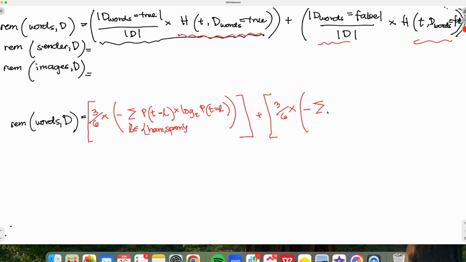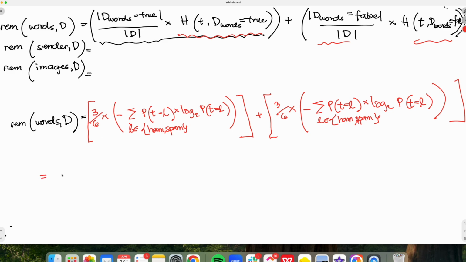So this is summation of probability that T equals to L times log base 2 probability that T is equal to L, such that L is an element again of the target feature, which may consist ham or spam. Now we're ready to solve.